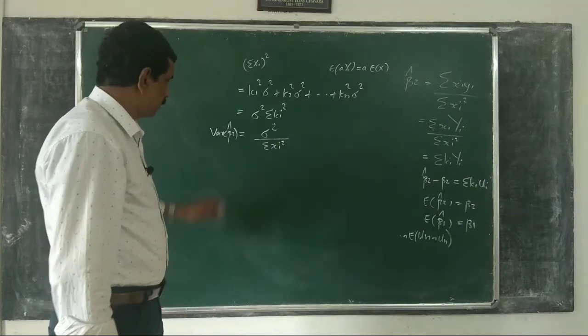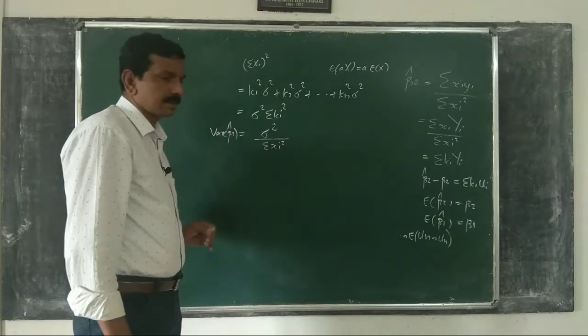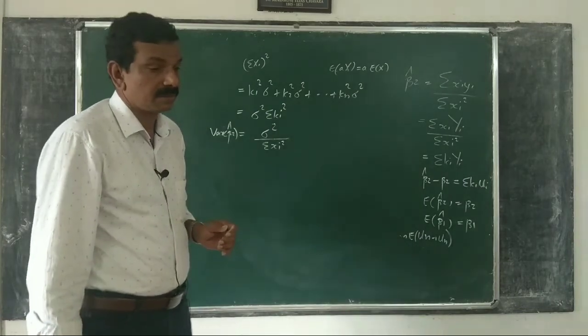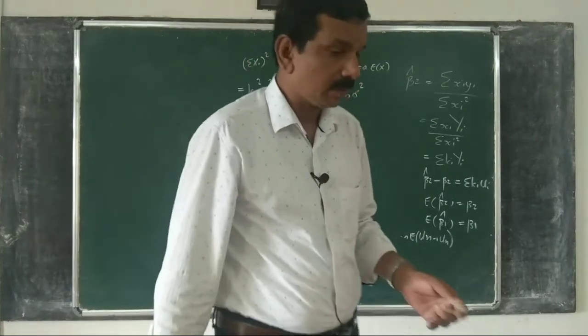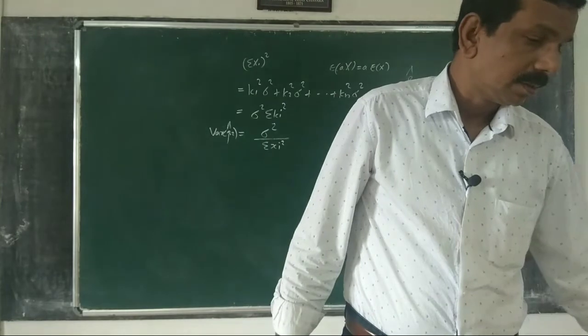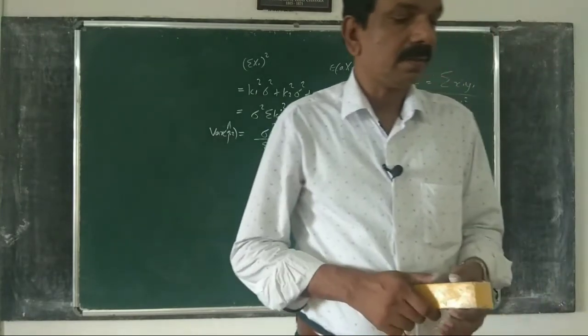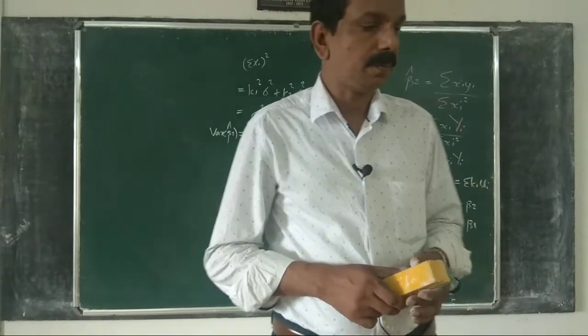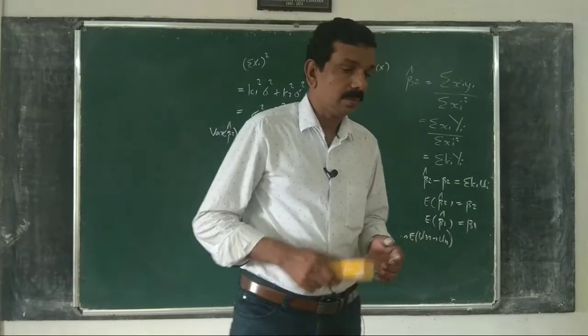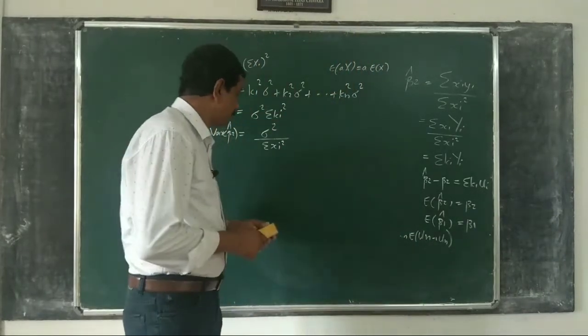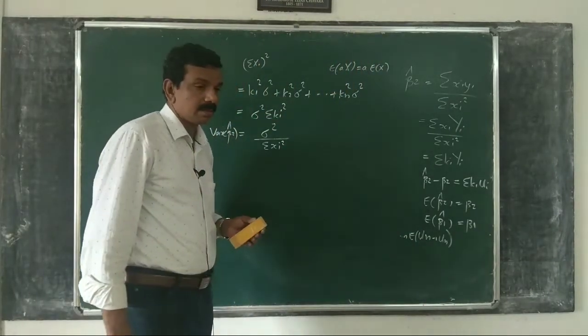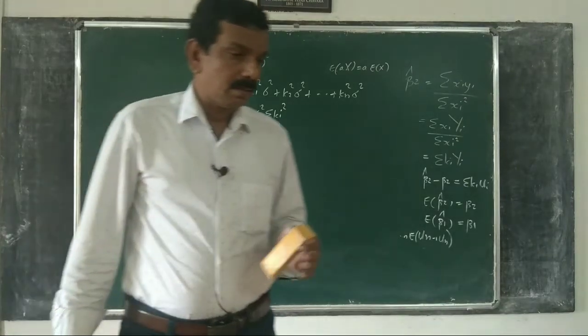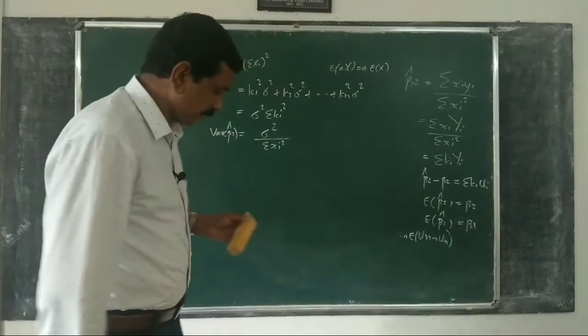And the square root of the variance, the positive square root of the variance of beta 2 hat, is known as the standard error of beta 2 hat.